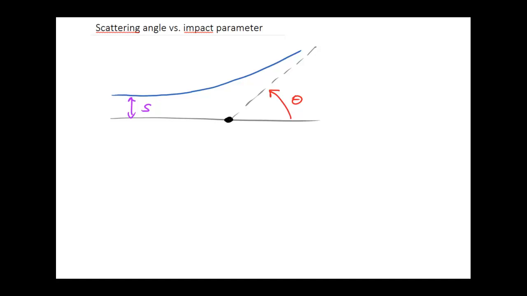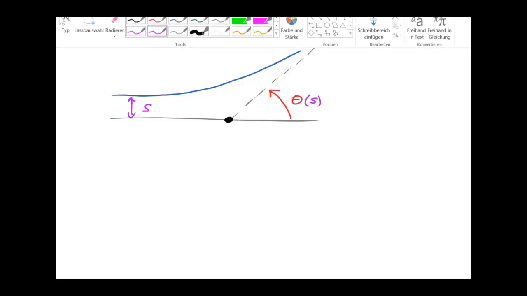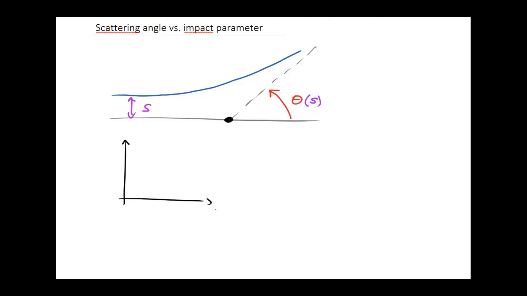So theta should be a function of impact parameter. Qualitatively, we would expect that the further away the projectile is from the beam axis, the weaker the potential that the projectile feels when it passes the target, and therefore the smaller the scattering angle. So we would expect a monotonically decreasing function, theta as a function of s.